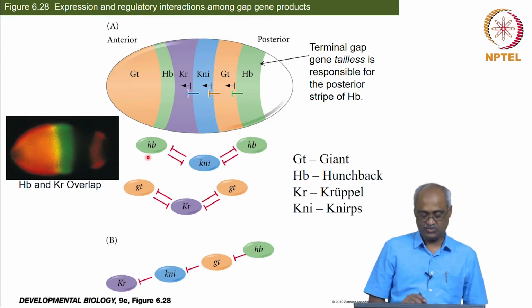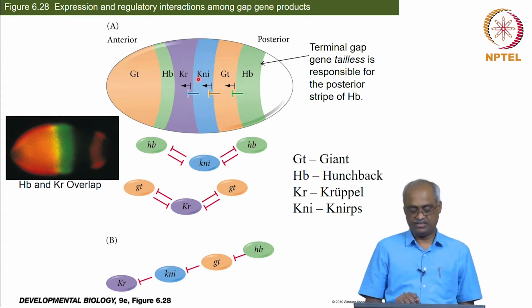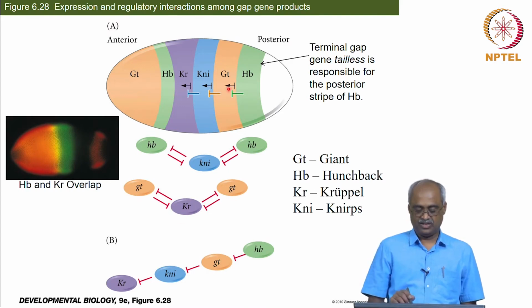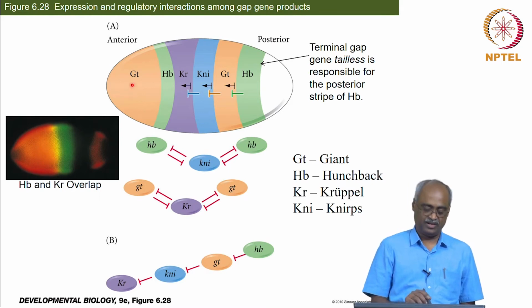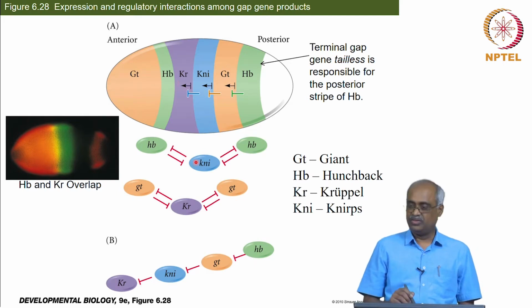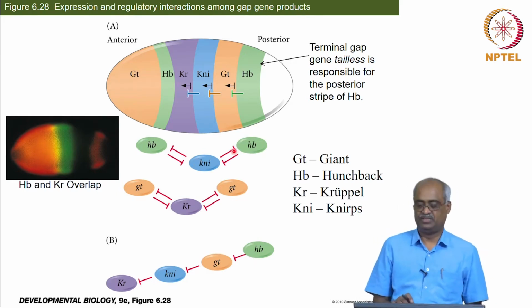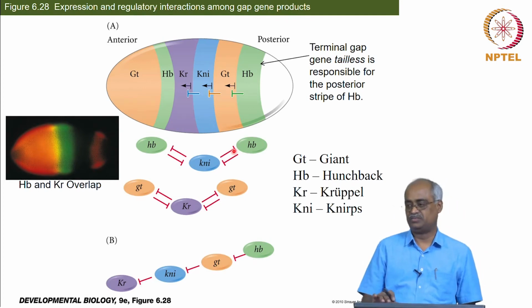So, you see that shown here, hunchback and knirps have a mutually antagonistic relationship. For knirps, hunchback on either side is the non-adjacent gap gene, so adjacent would be Krüppel and giant. And similarly, if you take Krüppel, giant is non-adjacent. Similarly here knirps comes and then giant. This sort of antagonism ensures that their expression pattern gets stabilized.